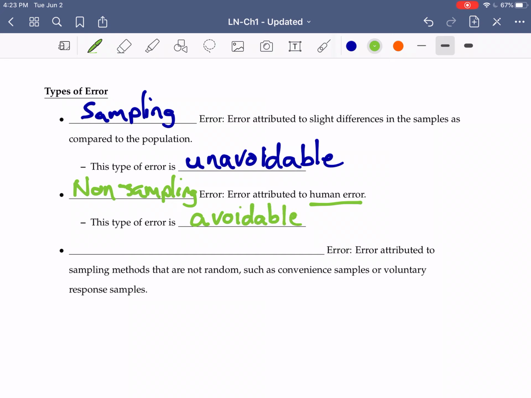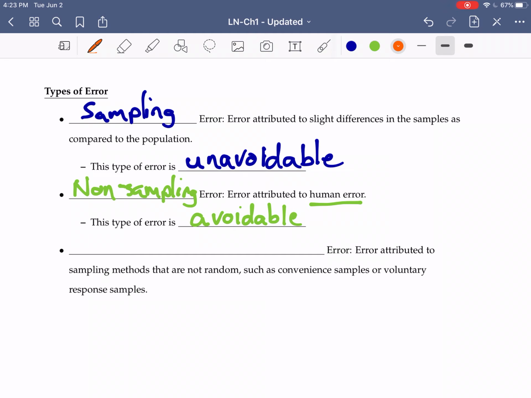Now, when we say human error, that could be something like we have miscalibrated a scale, and so everything we weighed on that scale was incorrect. That would be human error, even though it's based on the fact that we had a scale, but the scale was miscalibrated. So when we have human error, that's a non-sampling error. That is what we would consider an avoidable error.